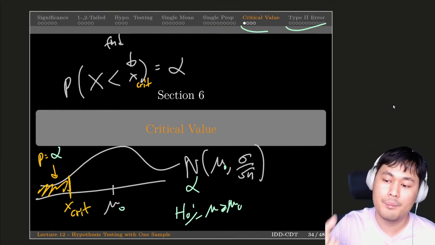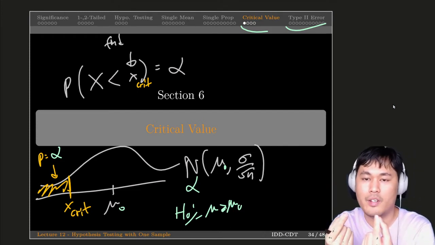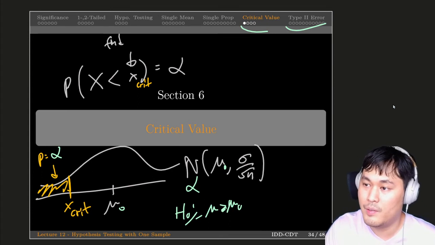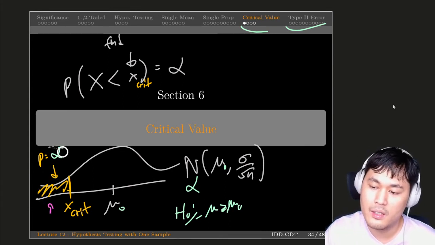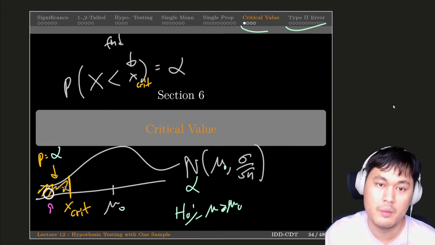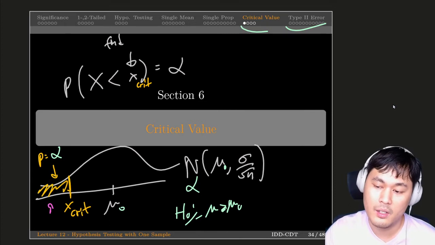So we can find the critical value in advance. And once we get the sample average, we can simply compare that average to the critical value. If it's to the left, then of course the area, the p-value, is going to be smaller than alpha, by the inequality or by the shape.